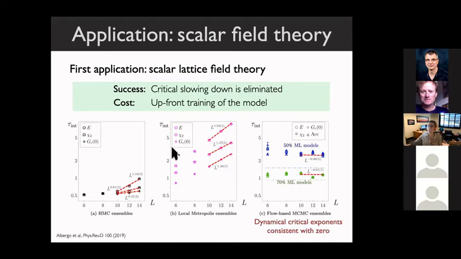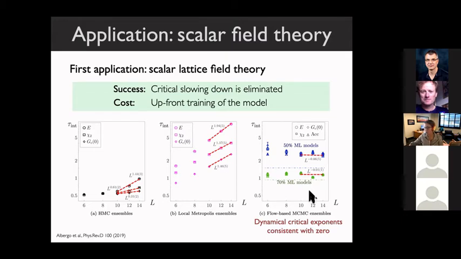Similarly for local Metropolis, another conventional sampling approach. For these machine learned models, you have no growth. So you've traded critical slowing down for some upfront cost of training the model. But once you have the trained model, there's no more slowdown in sampling.